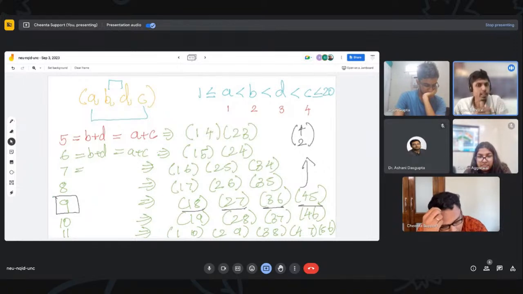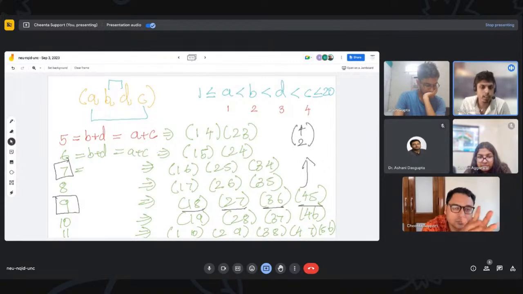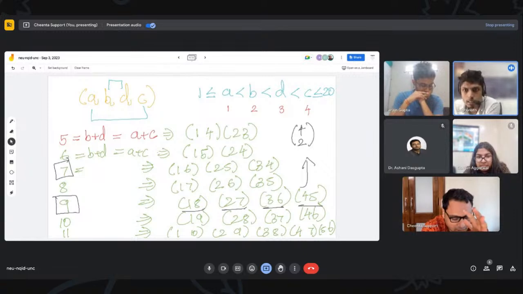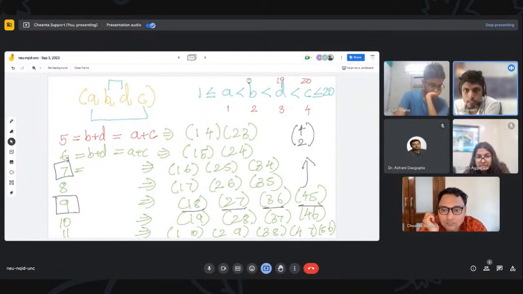Obviously different sums generate different quadruples because the sum of the first and last elements are the defining cases. So the cases run from 5 up to a maximum of, I think, 20 plus 19, 18 and 17.